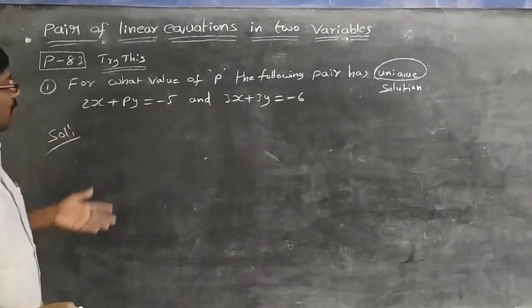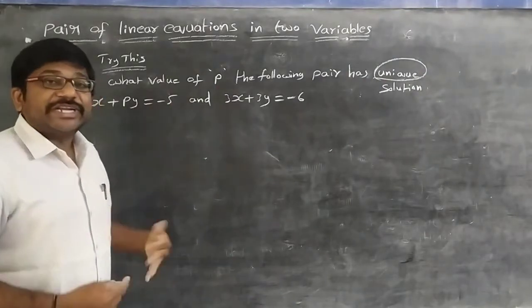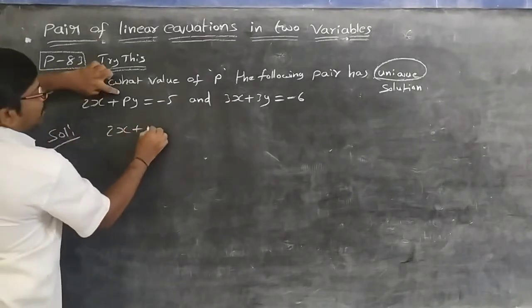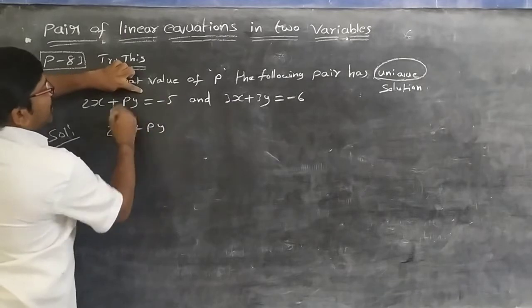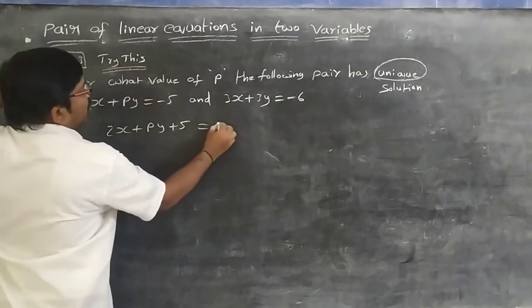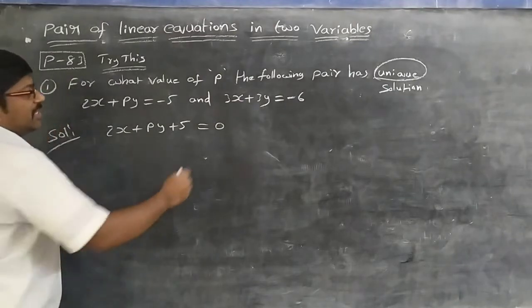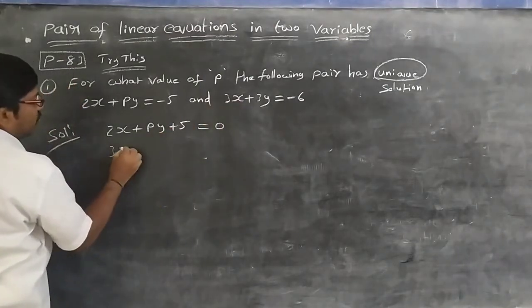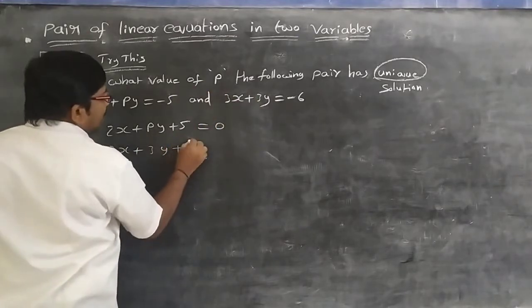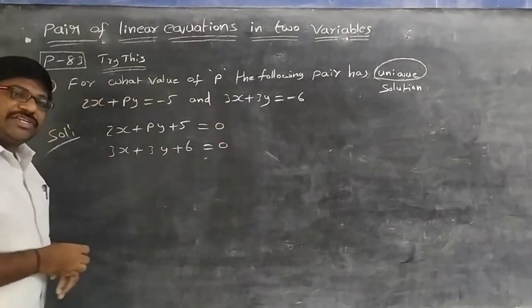First of all, write the given pair in general form. 2x plus py minus 5 will become plus 5 after taking from right to left, is equal to 0. That is the first equation. Second equation, 3x plus 3y plus 6 is equal to 0, right?